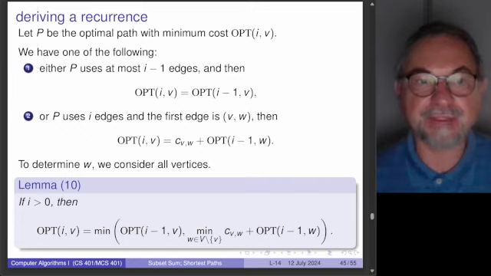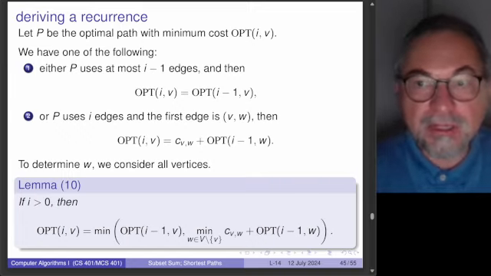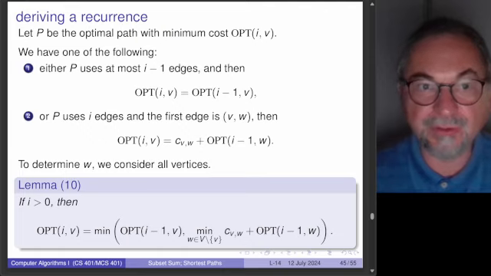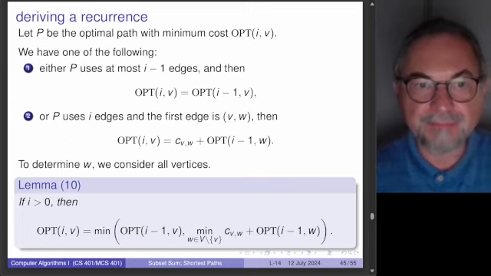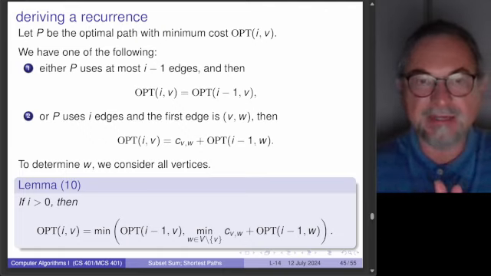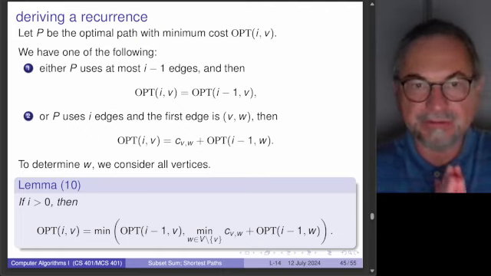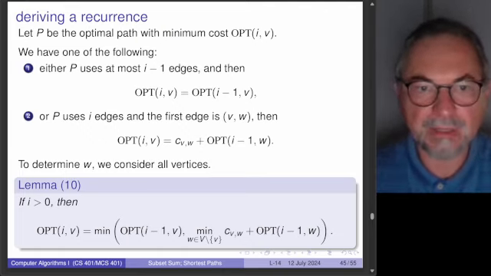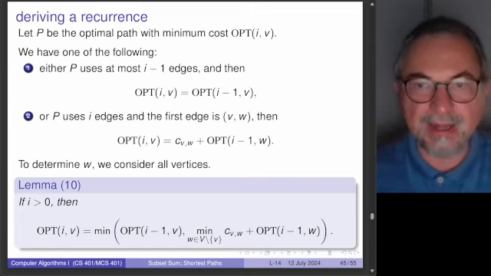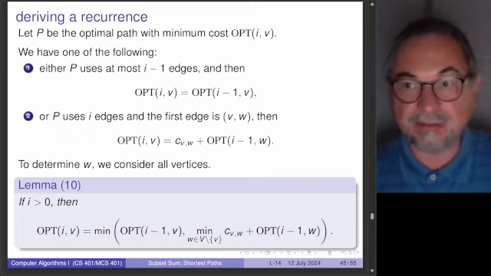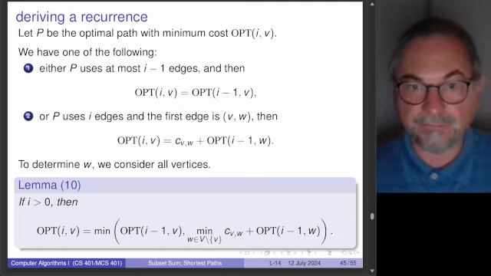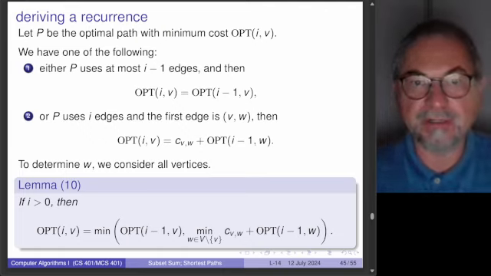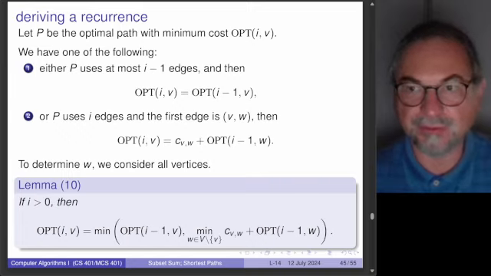So that is the first case. Or we actually are using i edges, but the edge leading to v passes through the vertex w. Then the optimum value is the cost of v to w, plus the cost of getting to w.